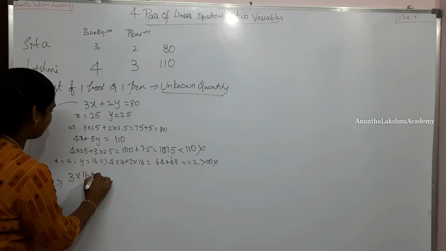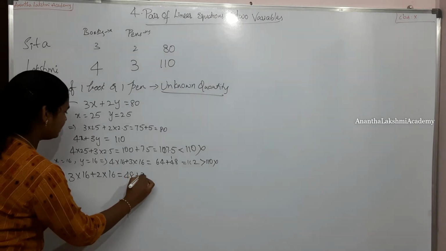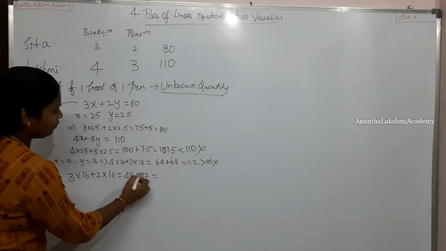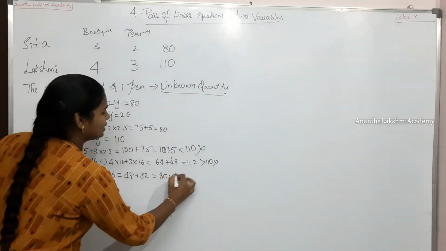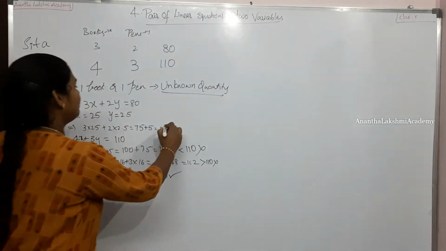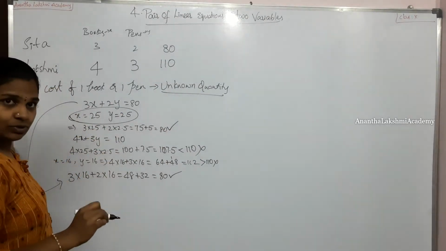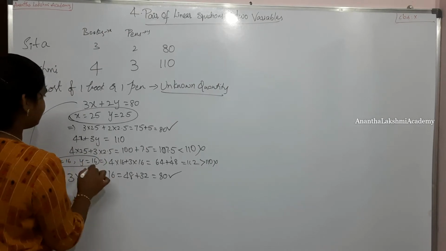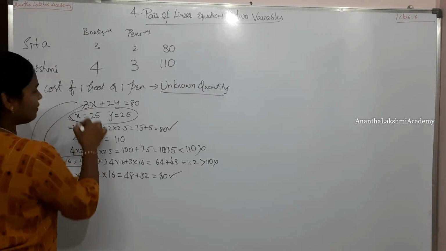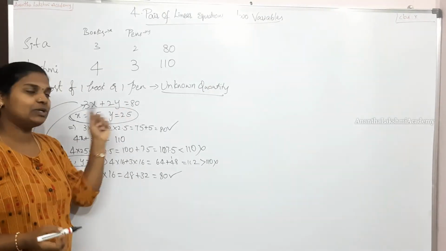3 into 16 plus 2 into 16 is equal to 48 plus 32, which is nothing but 80. So this works for Sita's condition. What are the assumptions we took? X is equal to 25, Y is equal to 2.5 and X is equal to 16, Y is equal to 16. Both worked for Sita's equation, which is 3X plus 2Y is equal to 80.